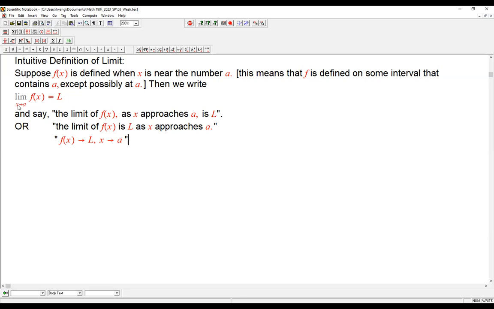So sometimes a is qualified to be the input, and sometimes a is not qualified as input. But as we look at x approaching a, x could be approaching a from smaller than a. It could also be approaching a from larger than a.